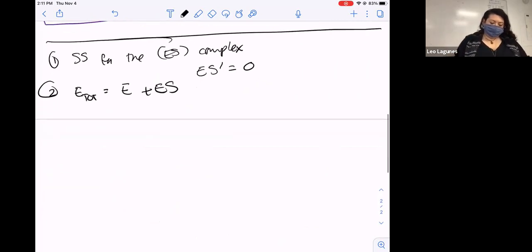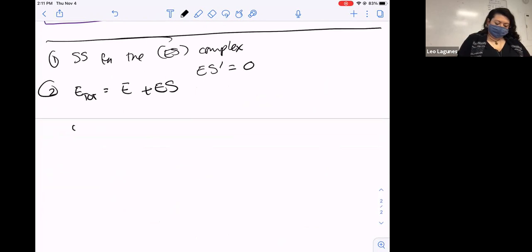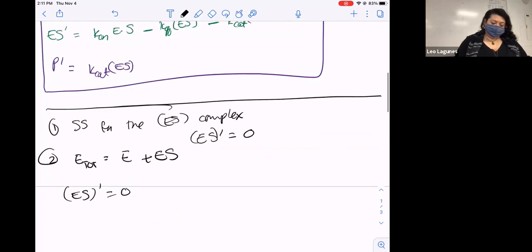All right, so if we want to set the derivative of the ES complex equal to 0, I'm just going to copy it down from here.